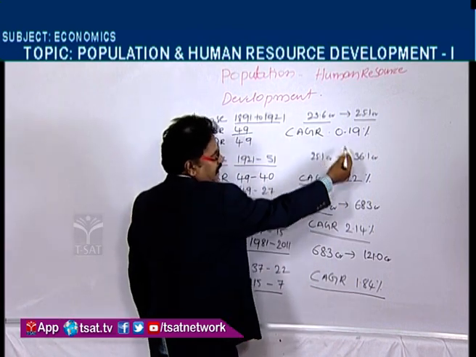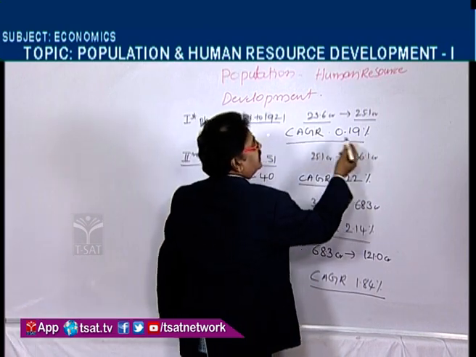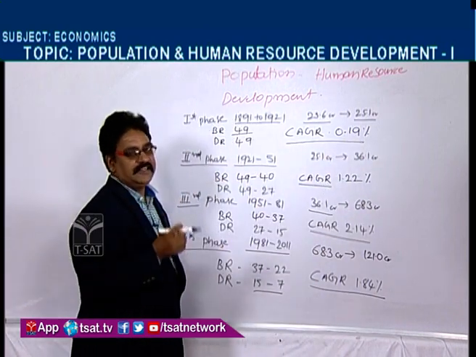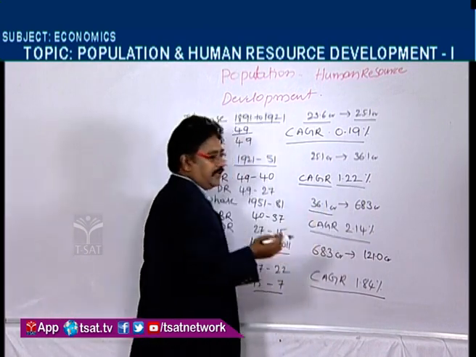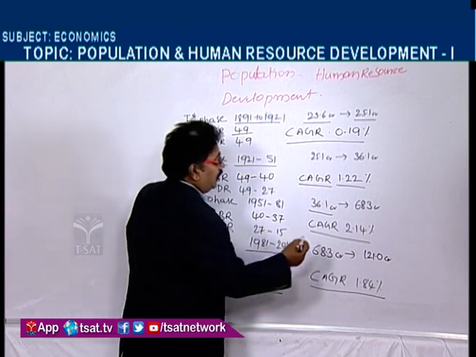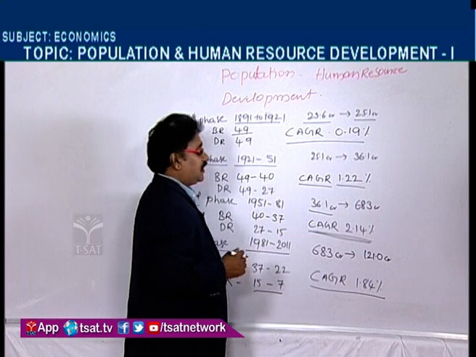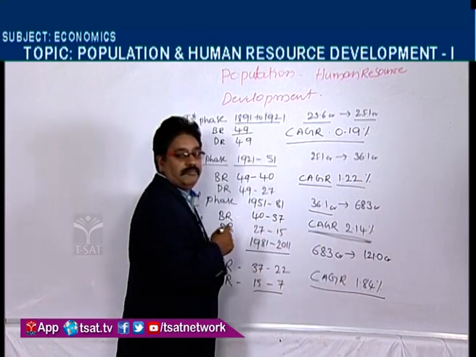If we compare the compound annual growth rates of the four stages, in the first stage there is a negligible increase in the population. In the second stage, a slow increase started. In the third stage, we observe the rapid growth of population.